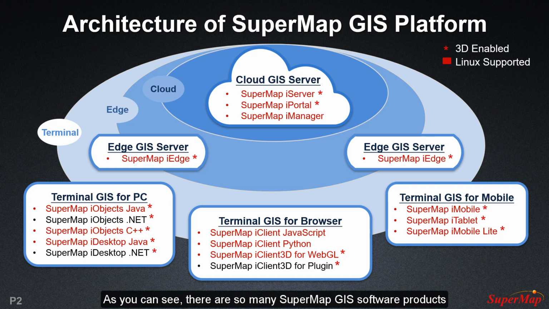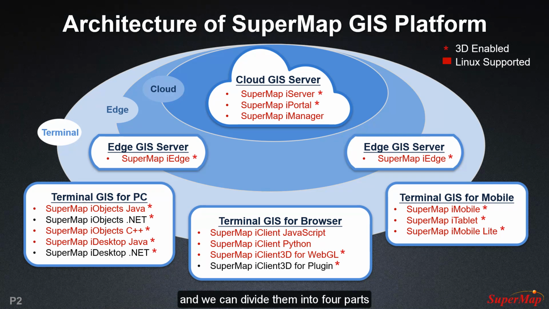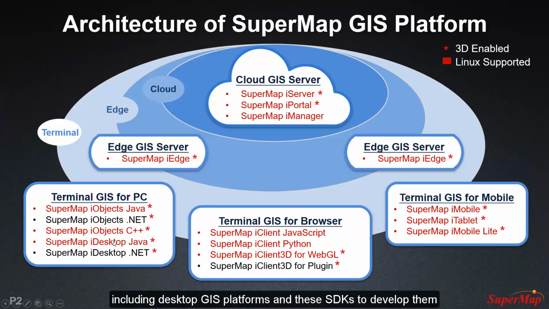As you can see, there are so many SuperMap GIS software products, and we can divide them into four parts. Part 1. The products running on the PC, including desktop GIS platforms and these SDKs to develop them. Part 2. Cloud GIS platforms, including the four products that can be used to build GIS cloud systems or GIS server systems.